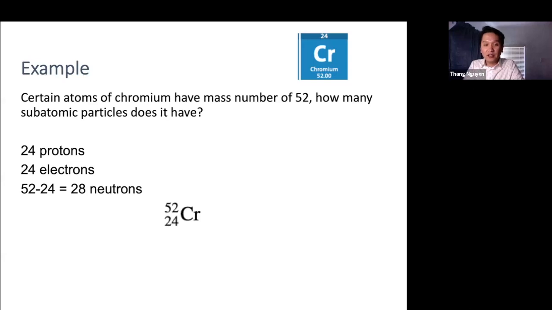Because if you know you have 24 as your atomic number, you know it's chromium. So why even bother writing it? Because of that, we can get rid of that number and write it this way, with the elemental symbol, a dash, and then the mass number. So this tells us exactly that this is the isotope of chromium with 52 as its mass number. Therefore, 28 neutrons and 24 protons.